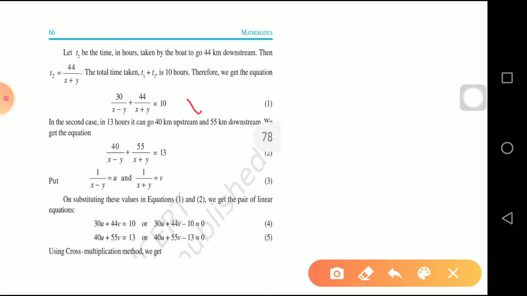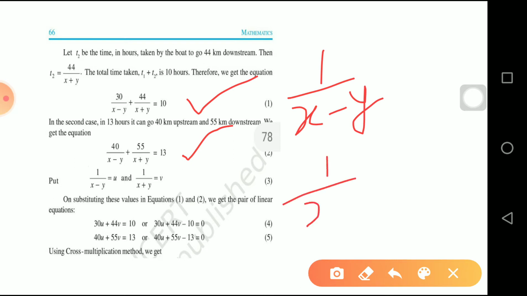So our first equation is this one, second equation this one. In both the equations we have 1 by x minus y and 1 by x plus y. We will substitute u in place of 1 by x minus y, and we will substitute v for 1 by x plus y.